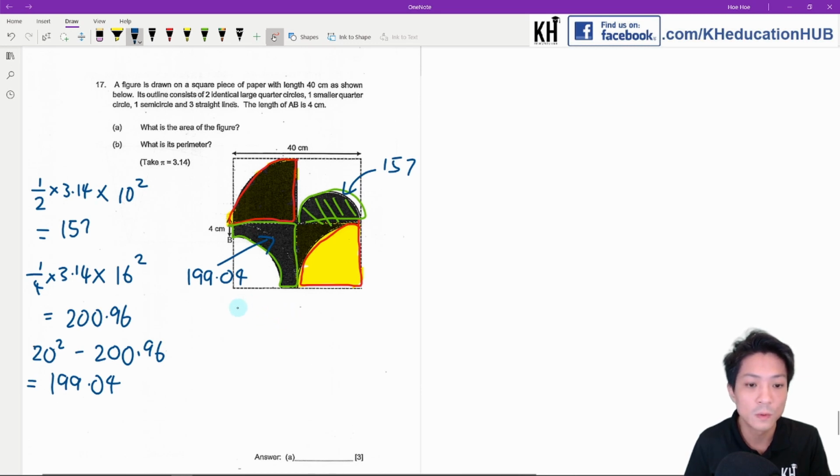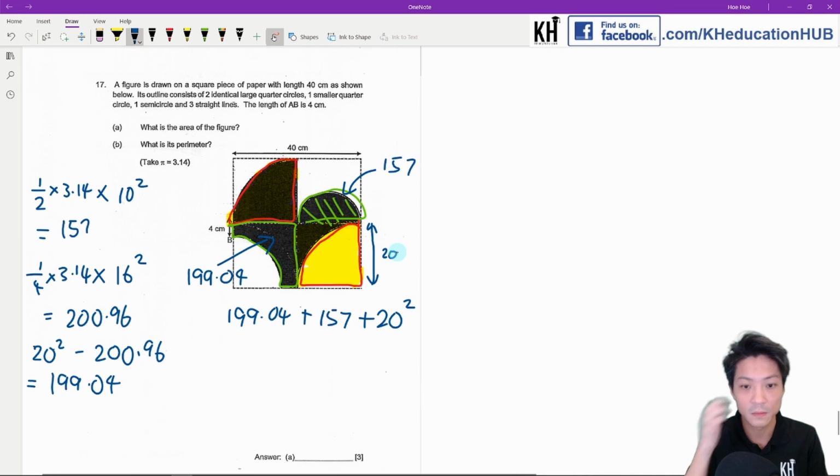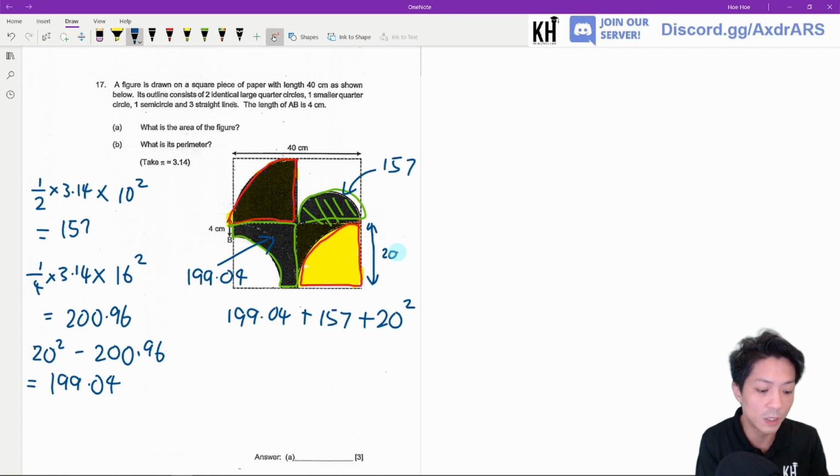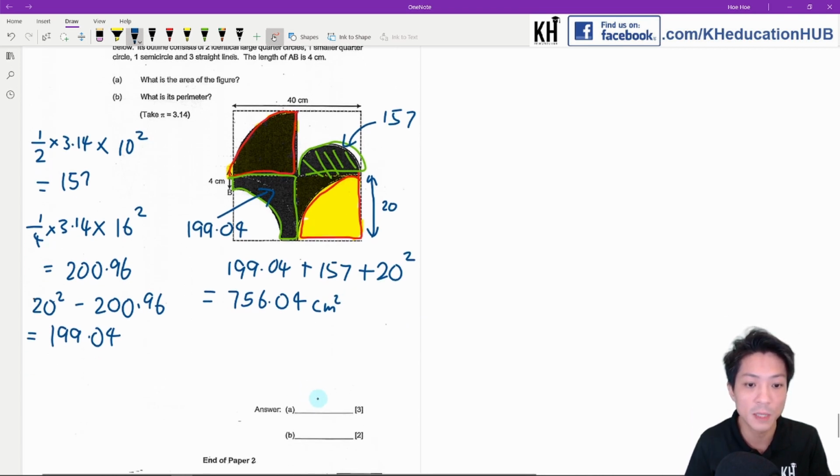Okay, so now I just need to add them together. 199.04 plus 157 plus another 20 square. Okay, because here to here is 20. Plus 157 plus 20 square, which is 756.04 square cm. Okay, this is the answer for part A.